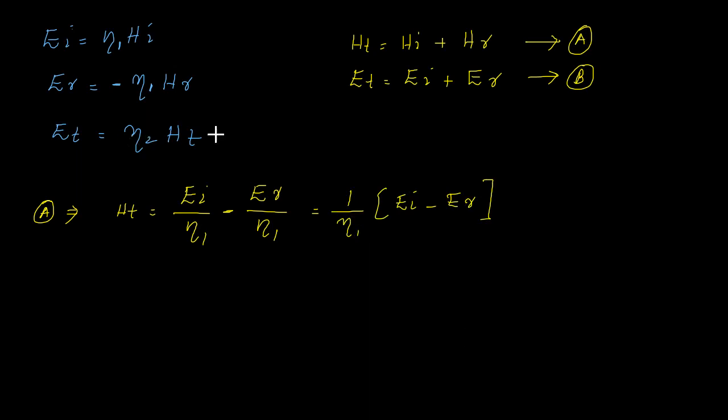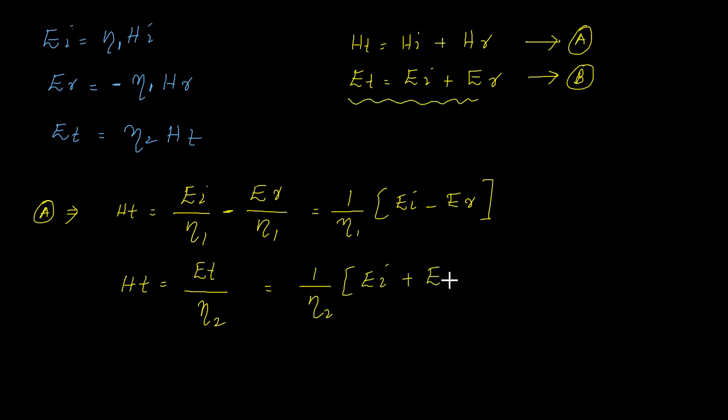And also see what HT is. HT is ET by eta 2. So what is ET? ET is EI plus ER.